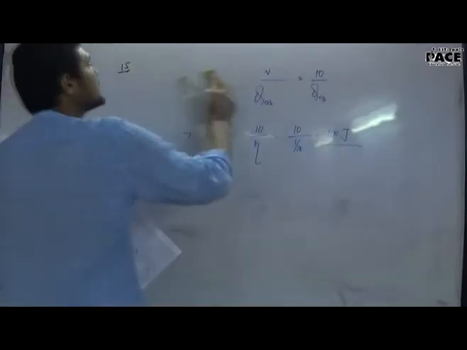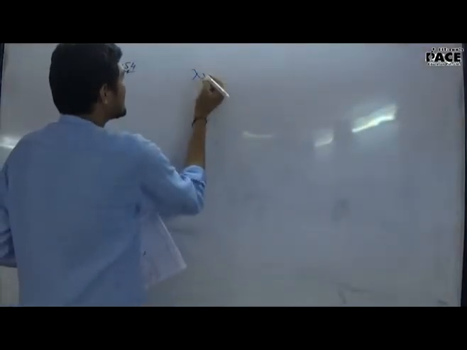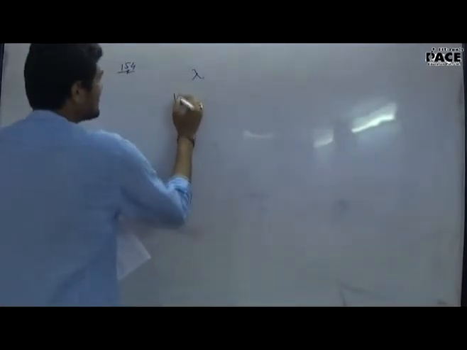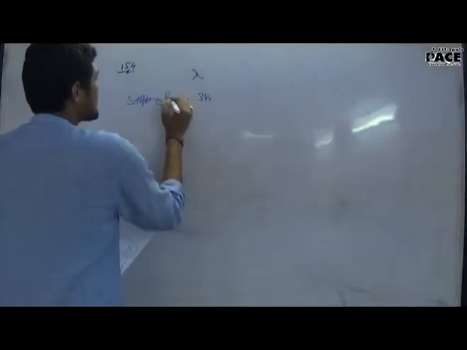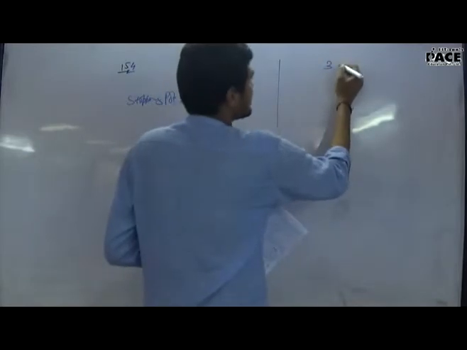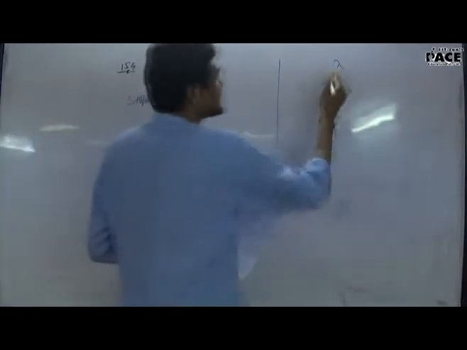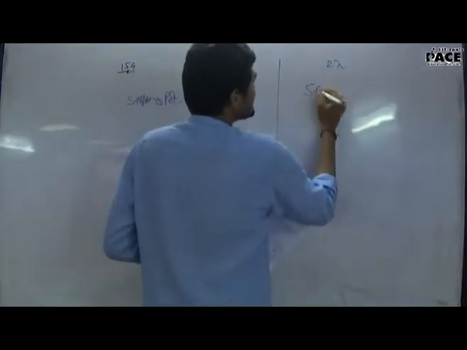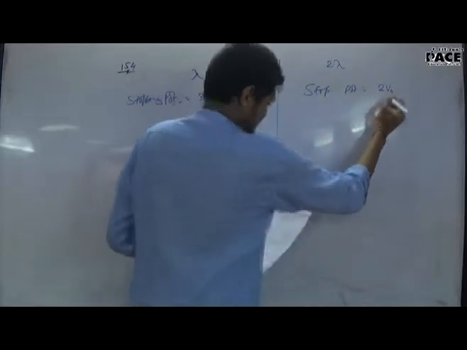Now let's move on to question number 154. For an incident wave of wavelength lambda, the stopping potential is given as 3 V naught. If the source is replaced by 2 lambda, then the stopping potential becomes V naught.